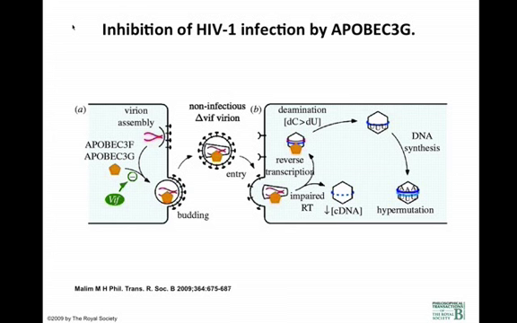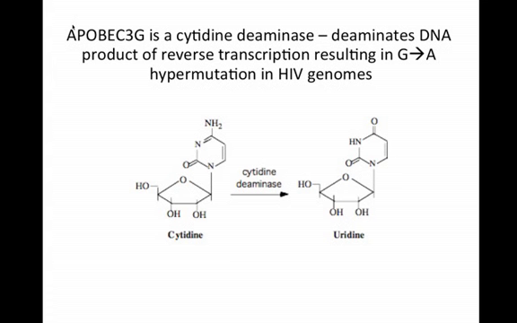That's because of this round circle here. That's green, it says VIF. And that's a viral protein that has evolved to counteract the activity of APOBEC3G. So again, APOBEC3G is a cytidine deaminase, so it deaminates and removes this amine group from cytosines, and you end up with uridine or uracil.